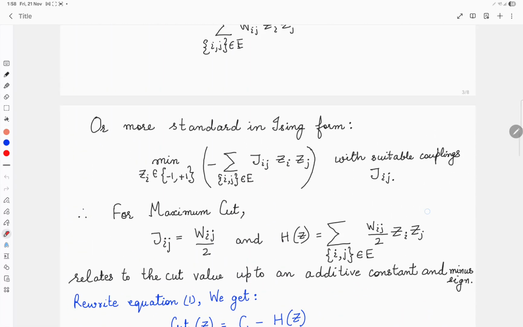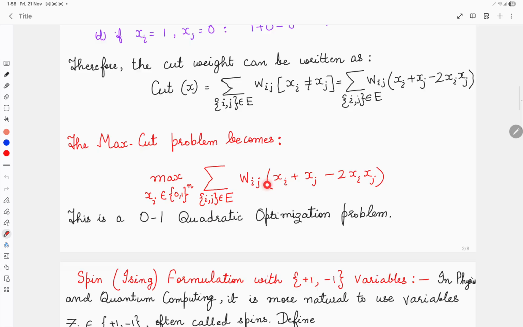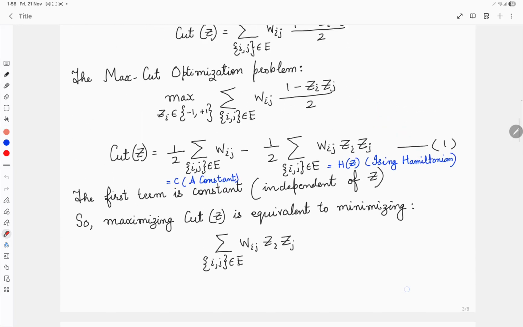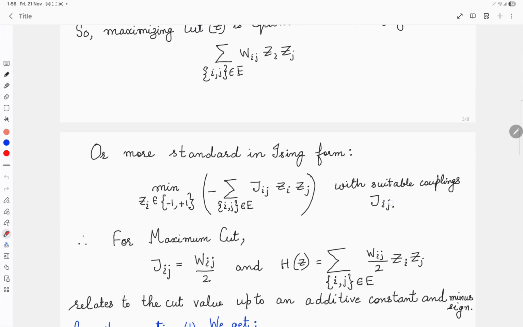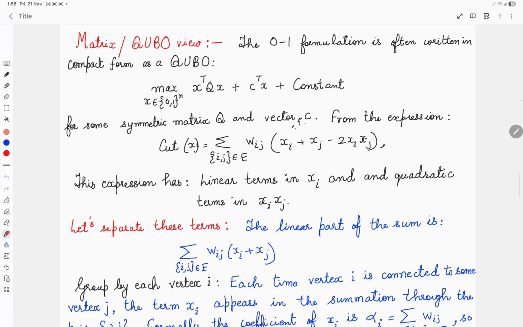If you see this indicator expression, there are two types of terms. One is the quadratic term, and these two are the linear terms, right? So that's why if you look at the QUBO formulation of the MaxCut problem, you will see that it also includes a quadratic term and a linear term with some constant, right?